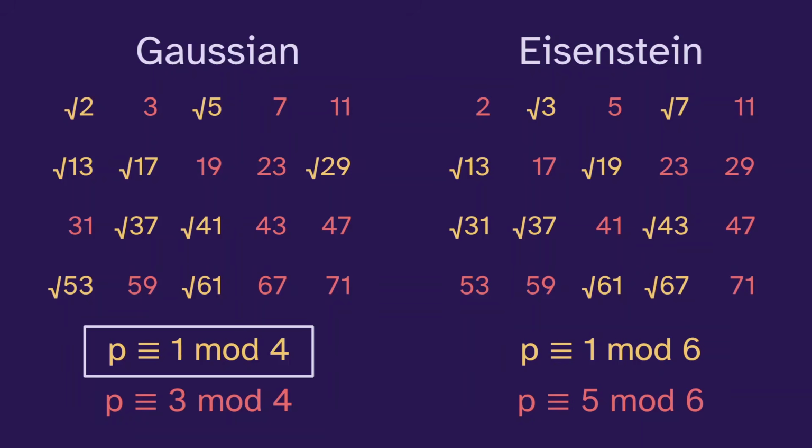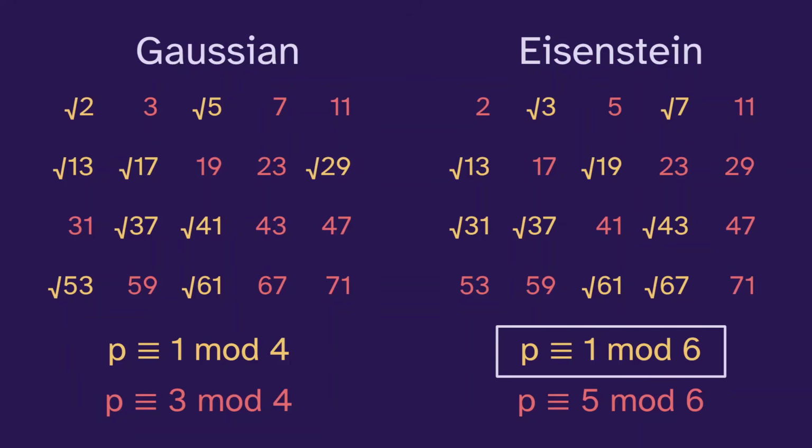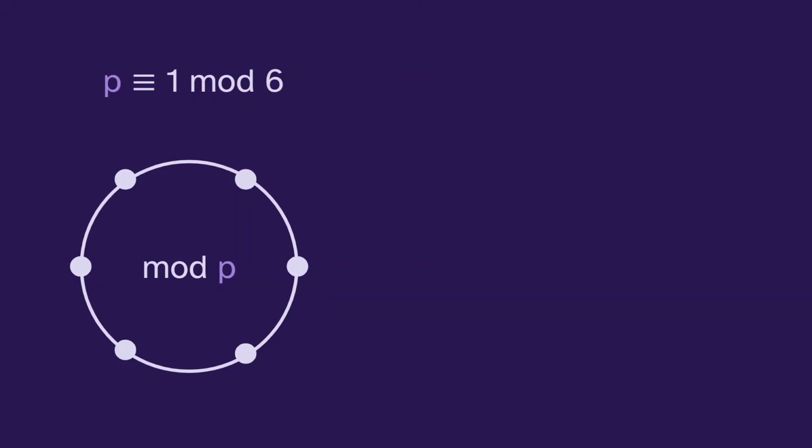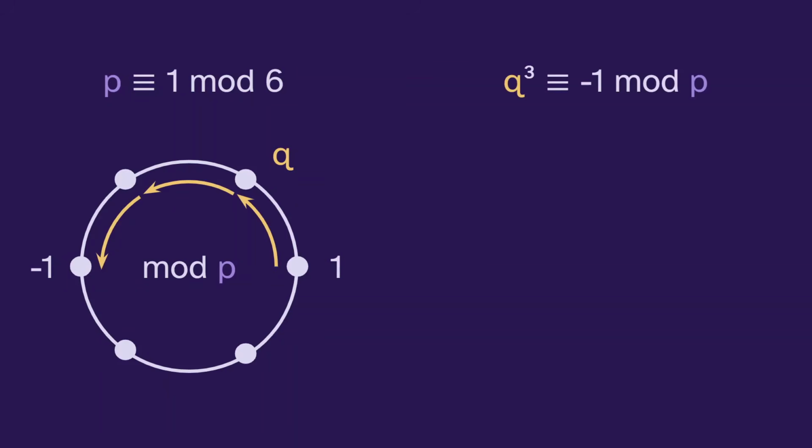And we can use a similar technique with the Eisenstein primes. I'll skip over some details, but in general, we take p to be 1 mod 6, and then we make a circle to do multiplication mod p. There's 1 and -1 on the sides, and then we can find some prime q, such that q cubed is -1 mod p. We can use that to show that q squared minus q plus 1 is 0 mod p.